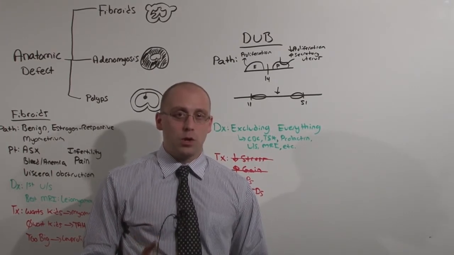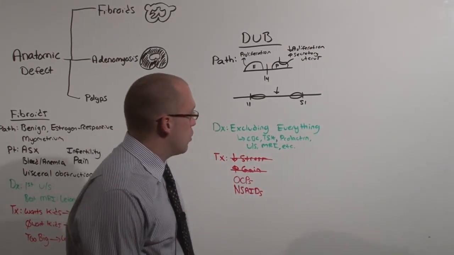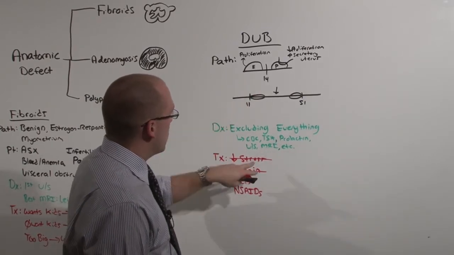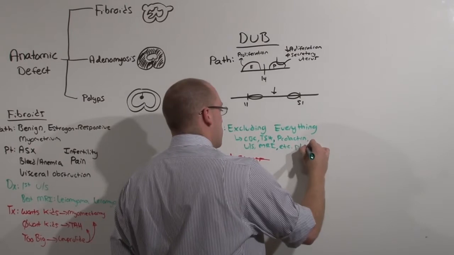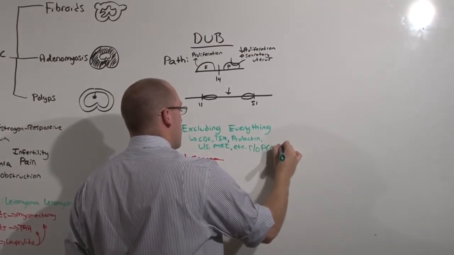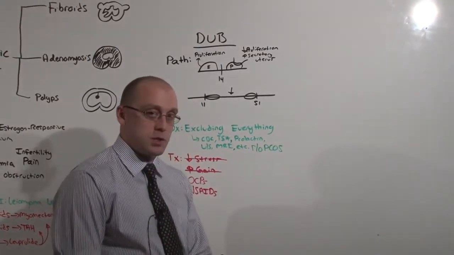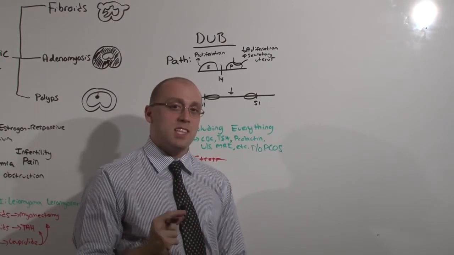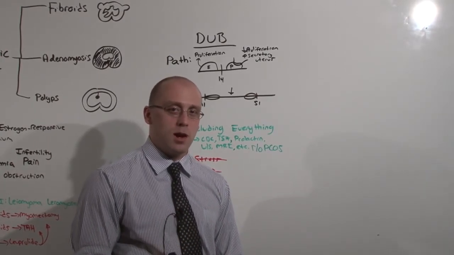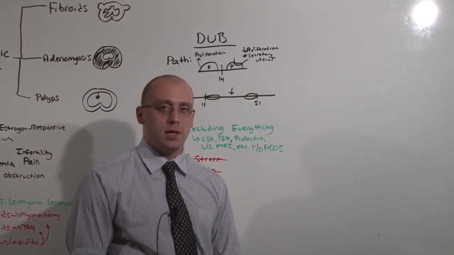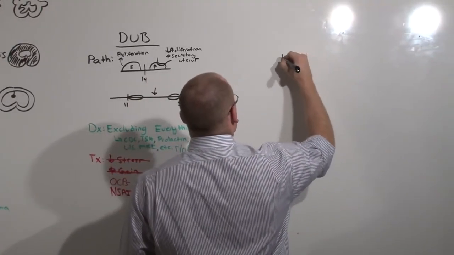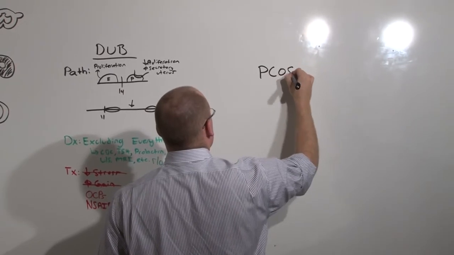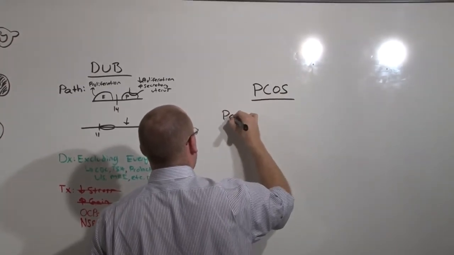The thing that I want to close with is that dysfunctional uterine bleeding is often diagnosed because people miss polycystic ovarian syndrome. And PCOS, as you're going to see throughout these video series, is the disease we're going to spend the most time on, so that you know all the details of it. Polycystic ovarian syndrome is caused by anovulation.